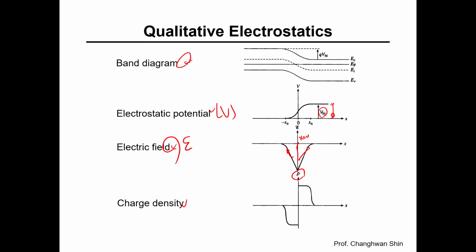Finally, at the top, we have the band diagram. This band diagram shows how the energy bands bend in response to the potential. The conduction band edge is E sub C, the valence band edge is E sub V, and the intrinsic Fermi energy level is E sub i, all bending downward going from the N side to the P side.